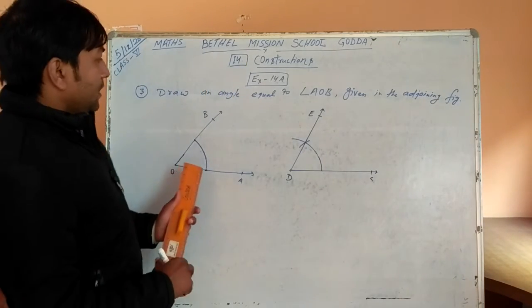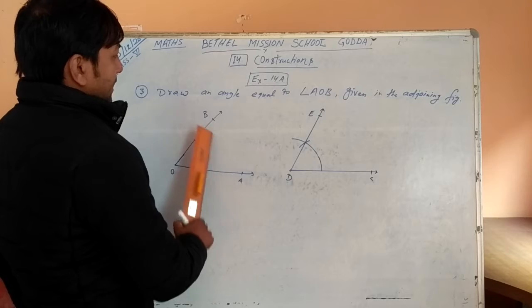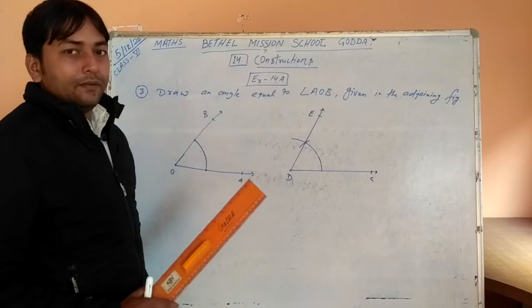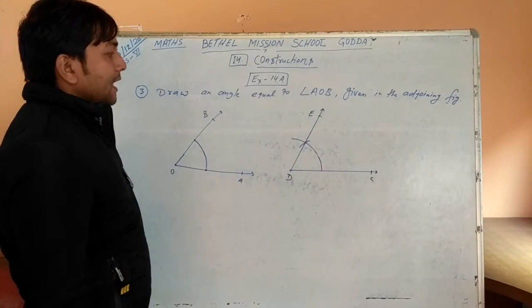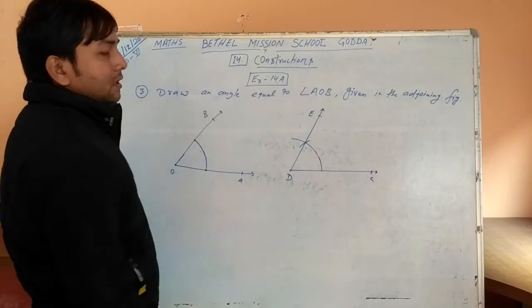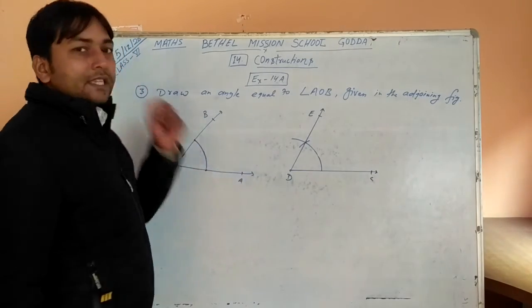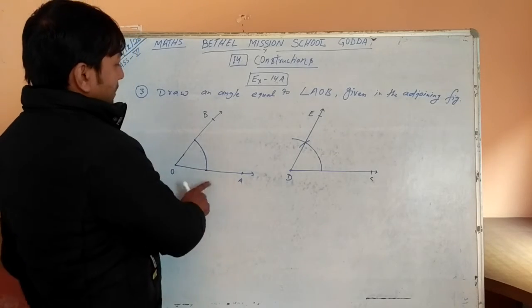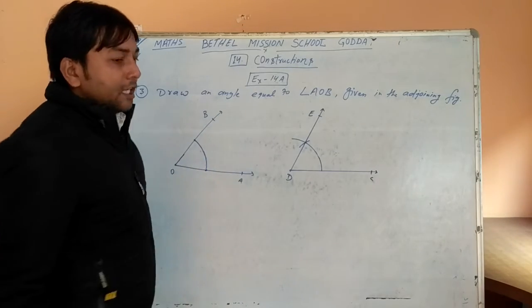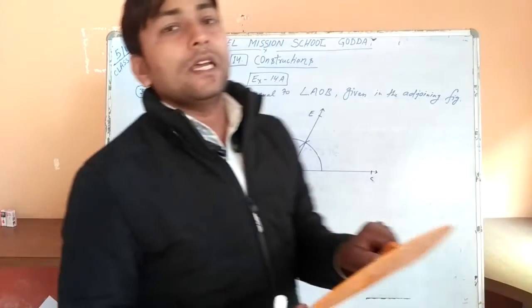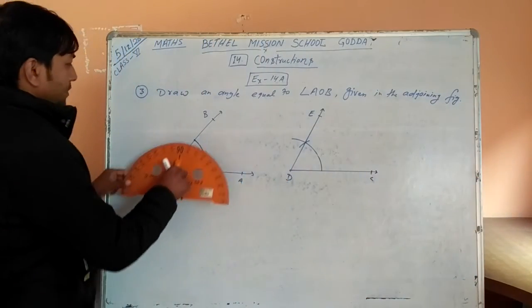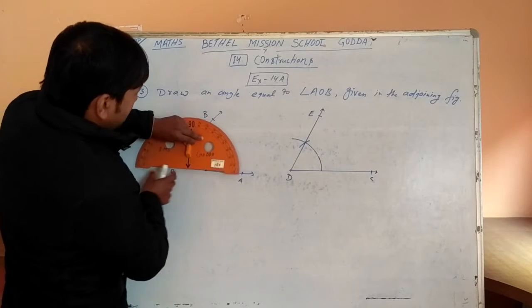Okay, so this angle had been given, and we have drawn this one, and both will be similar. If you have any doubt, then you can measure with the help of your protractor.